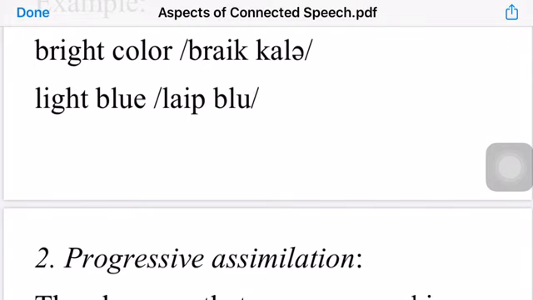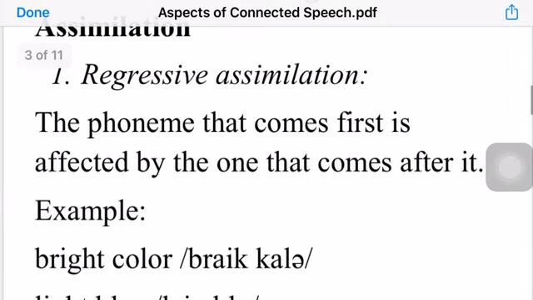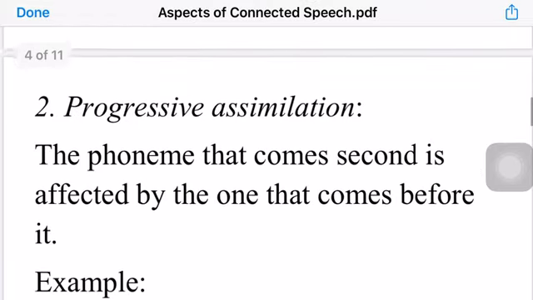The second sound will force the first sound to be pronounced like it. So light blue becomes light blue. That's regressive assimilation, تراجعي.